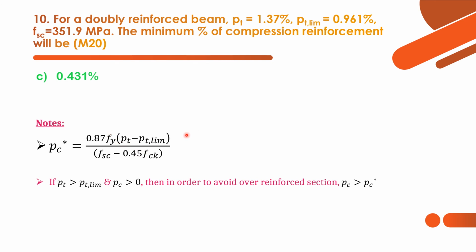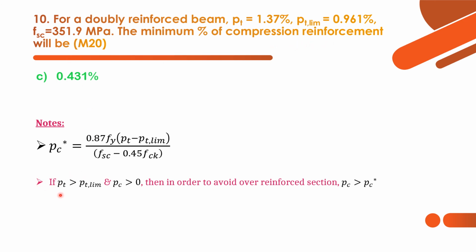We know all the values: fy is nothing but 415, pt is 1.37, pt limit is 0.961, fsc is given as 351.9, and fck is 20. Actually, fy is not mentioned here, so let fy be 415. So upon substituting all the values here, we can get the answer as 0.431 is the minimum percentage of compression reinforcement.